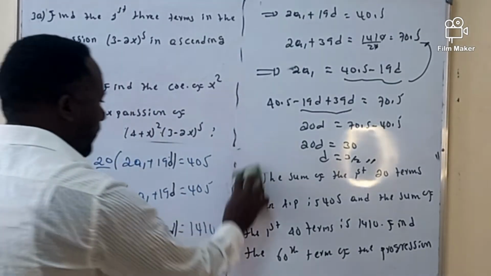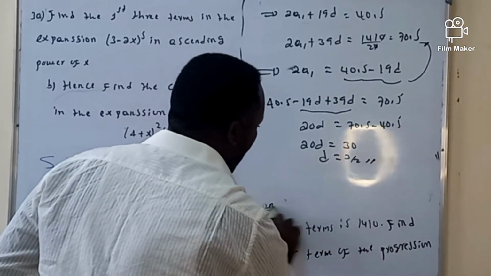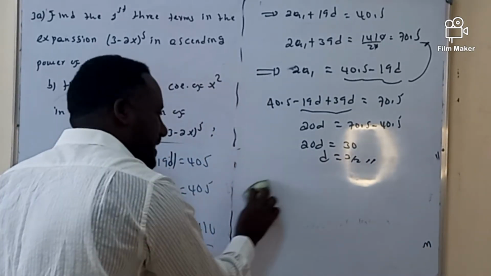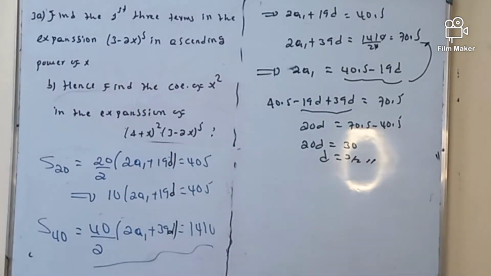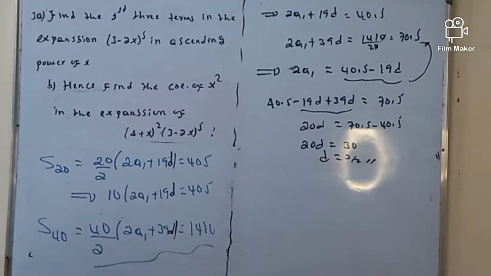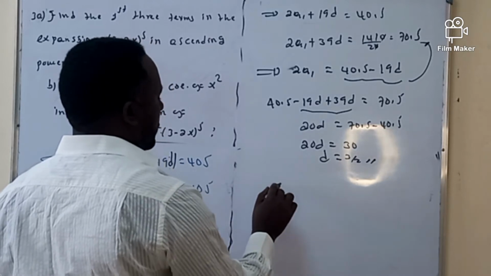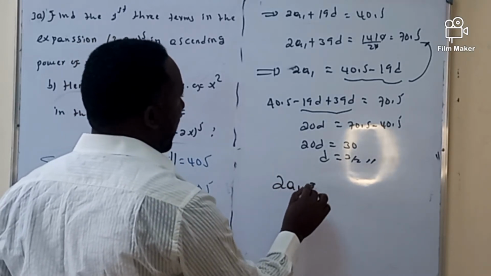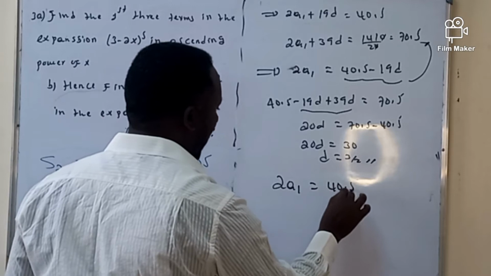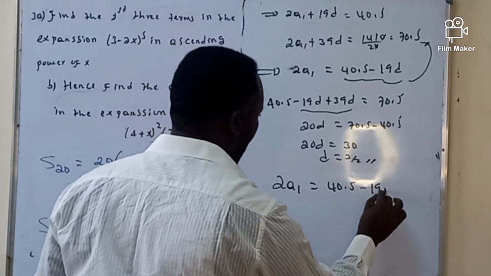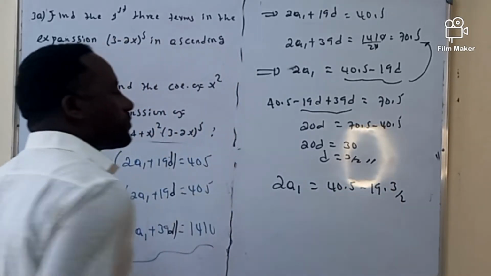Once we have the common difference, we're going to find the 16th term for the sequence. How are we going to determine that? So first, let's find what a1 is. 2a1 is 14.5 minus 19 times 3/2.